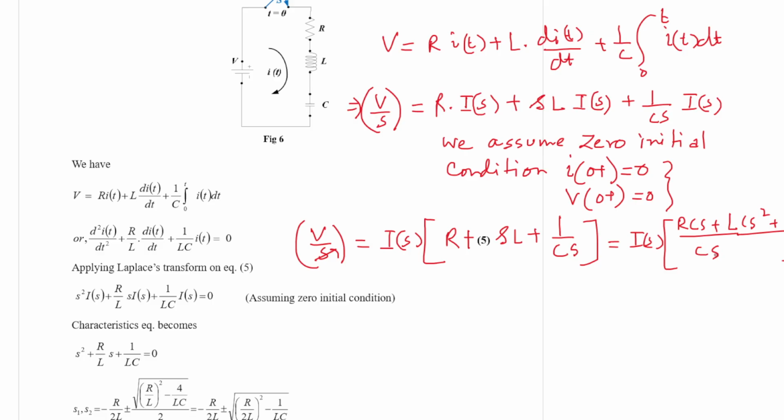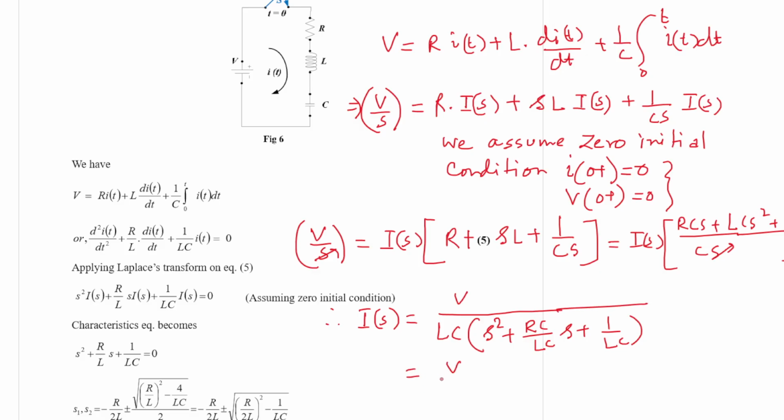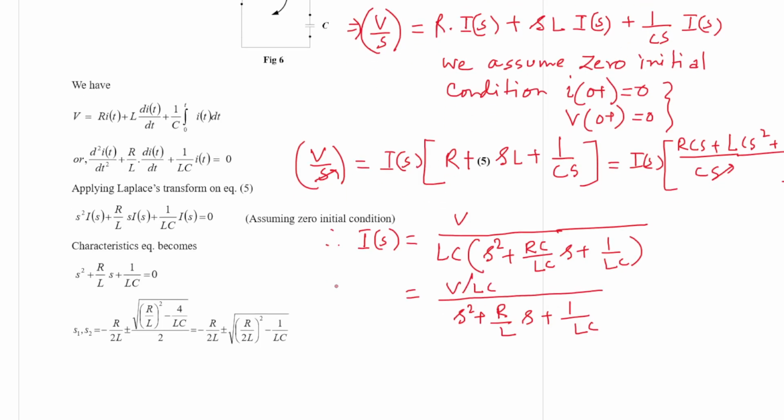This S and this S get cancelled. So I(s) will be equal to V by LC with S square plus R by L S plus 1 by LC. This is the expression of I(s).